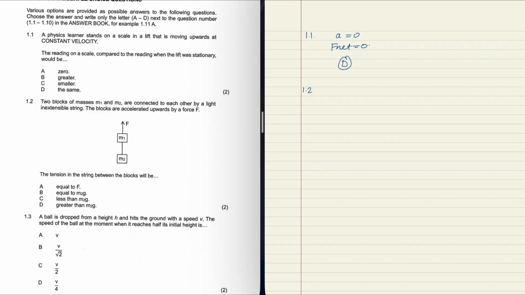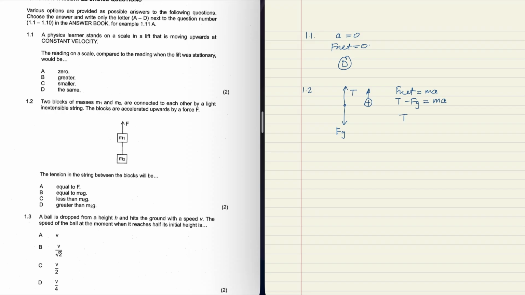So let's draw a free body diagram for the mass 2. Mass 2 is going to experience the tension, so tension going up. It's also going to experience the force of gravity pulling it down. Now, because acceleration is upward, I'm choosing up as positive. F net is going to equal ma. I'm going to say that tension minus Fg is going to equal ma.